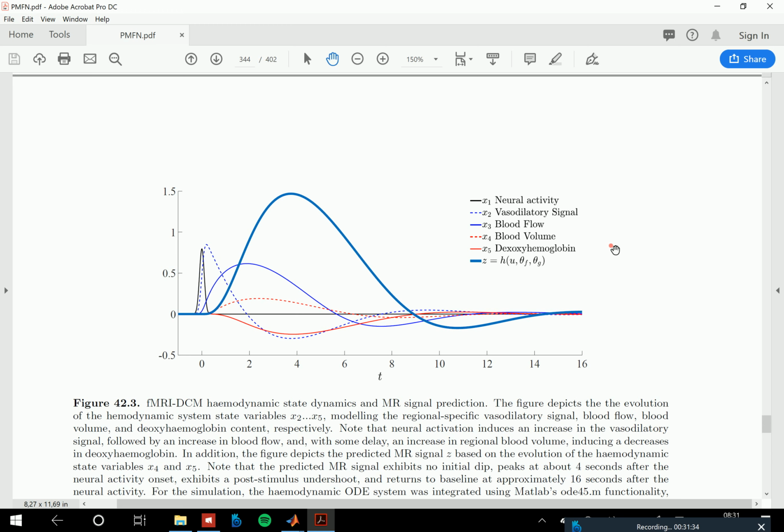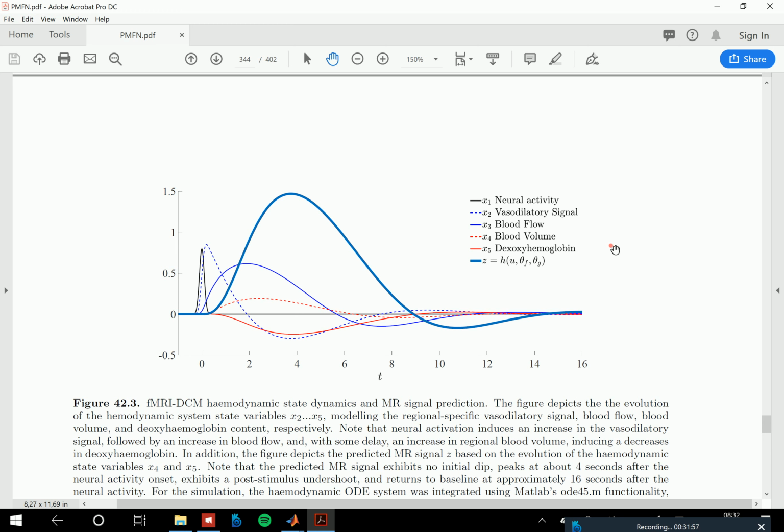This is never really documented anywhere, and one really would need to look into the code. And for DCM for fMRI, I haven't delved into the SPM code that deep. I did it for EEG, but then I decided I have now delved enough into the SPM code.